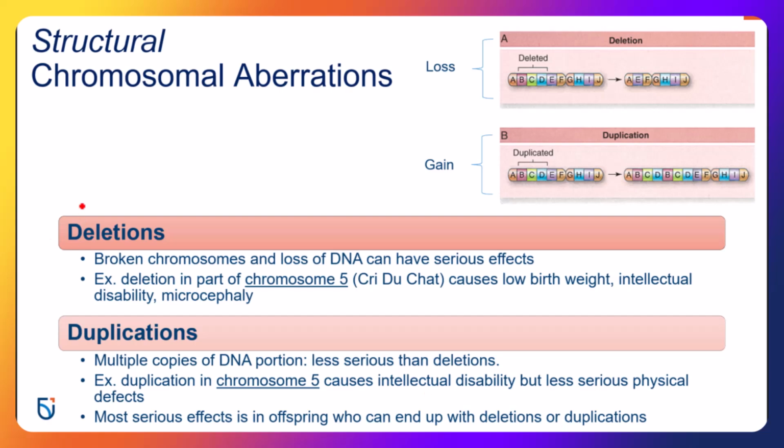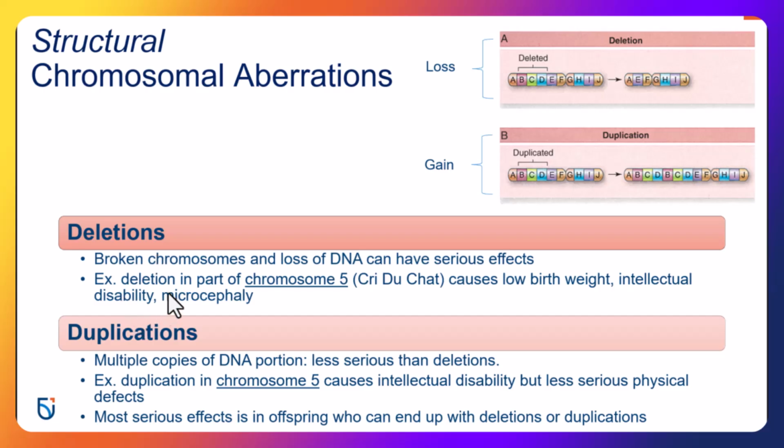Starting with deletions, just as the name suggests, this is loss or deletion of a segment of DNA due to a chromosome break. A broken chromosome. Now, because genetic material is missing, it should probably make sense to you that deletion of a chromosome, or loss of part of a chromosome, I should say, will often have serious consequences.